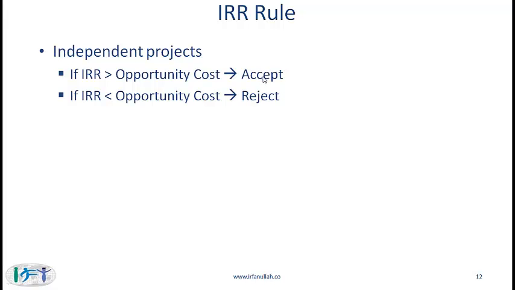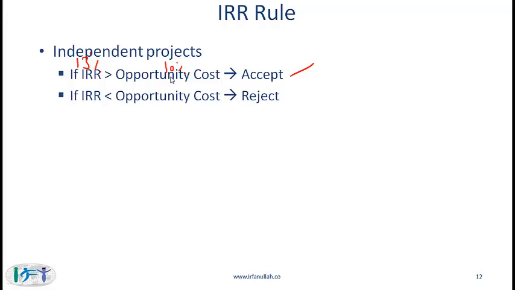The way you can think of this is, your opportunity cost might be 10%. That means that if you have some money to invest, your next best alternative is to invest at 10%. On a given project, if your IRR is 13%, then it makes sense to do the project, because what you are getting on this project is higher than the opportunity cost.